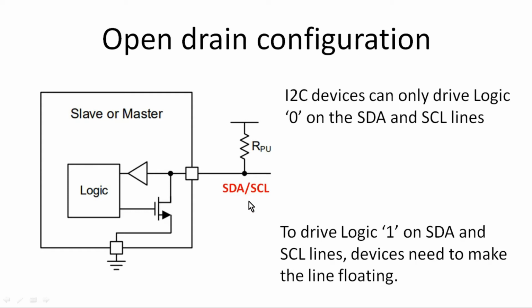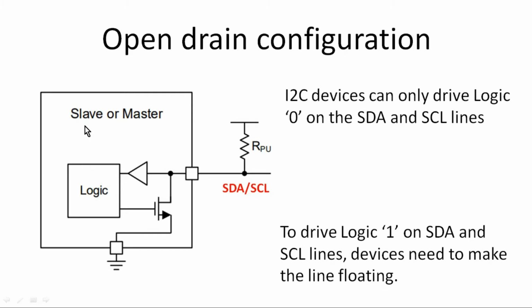Now let us consider the other case, when this particular device wants to make the status of the SDA or SCL line logic high. In that case, the logic has to drive logic 0 on the gate of this NMOS. Then this NMOS will act as an open circuit, so there will be no connection from this node to ground. We can say that this pad is floating.